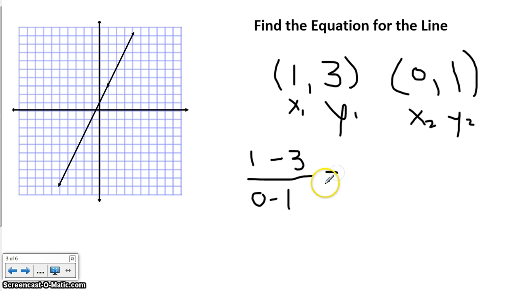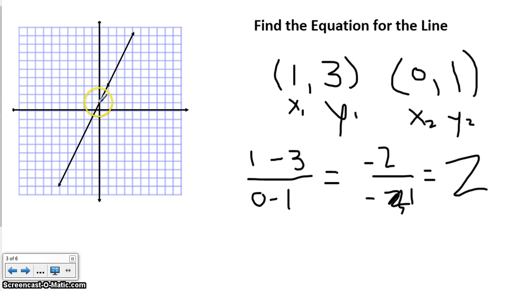And then you're going to get the slope, which is -2 over -1. Sorry, 1. Which just reduces down to 2.